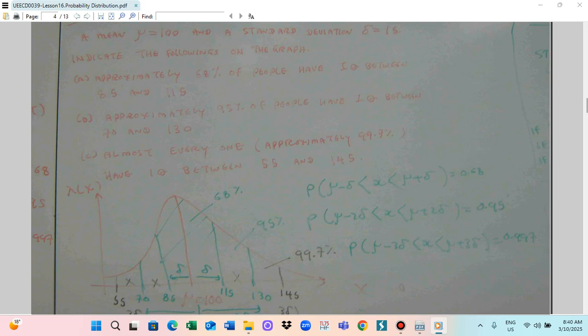So this difference will be 2 delta, and this is also 70. So mu minus 2 delta and then mu plus 2 delta. Their probability will be 95%, 0.95.